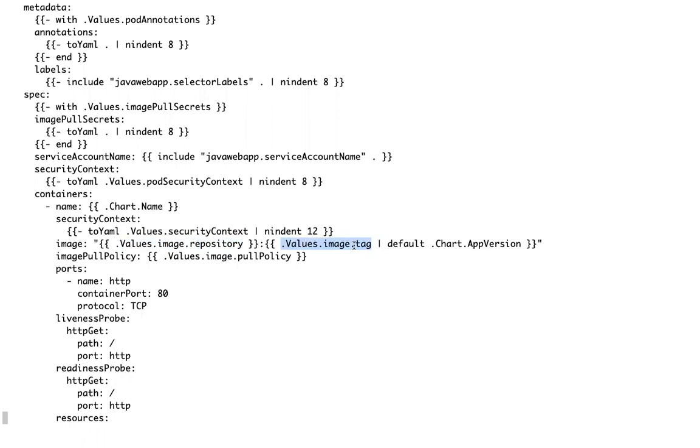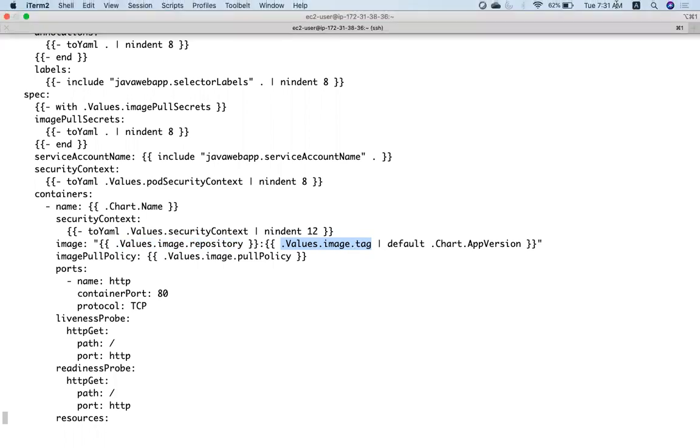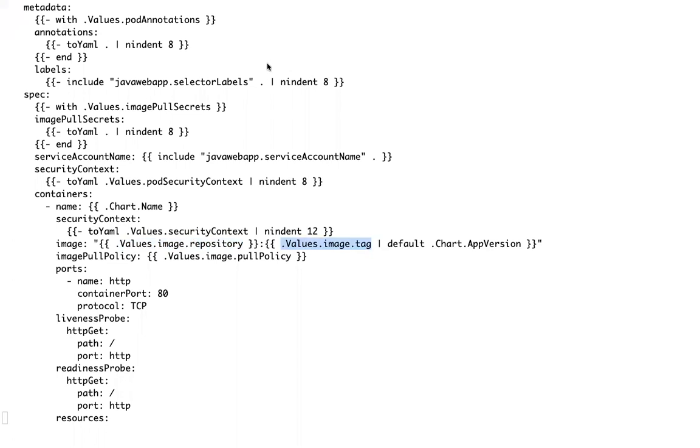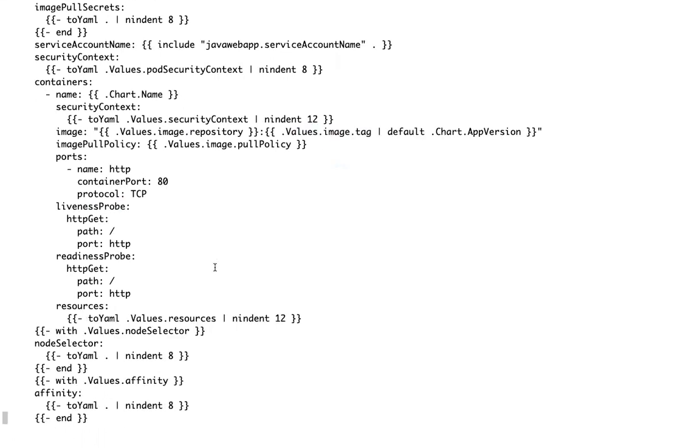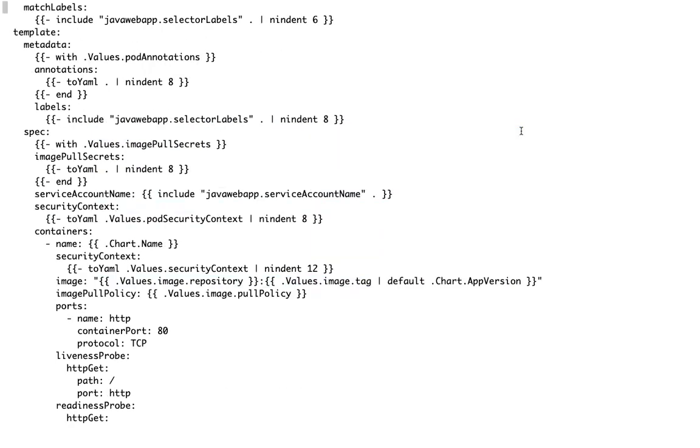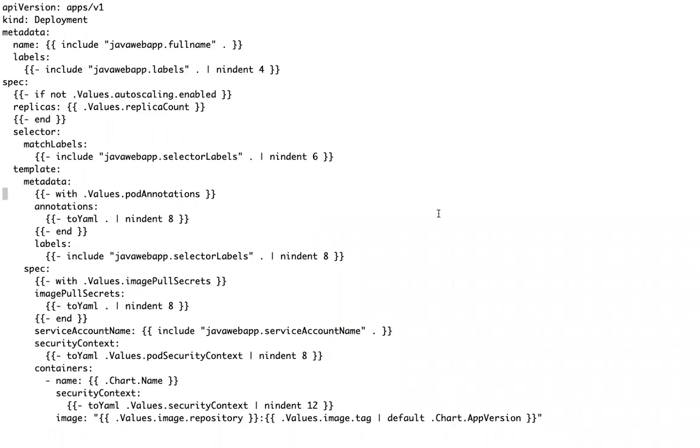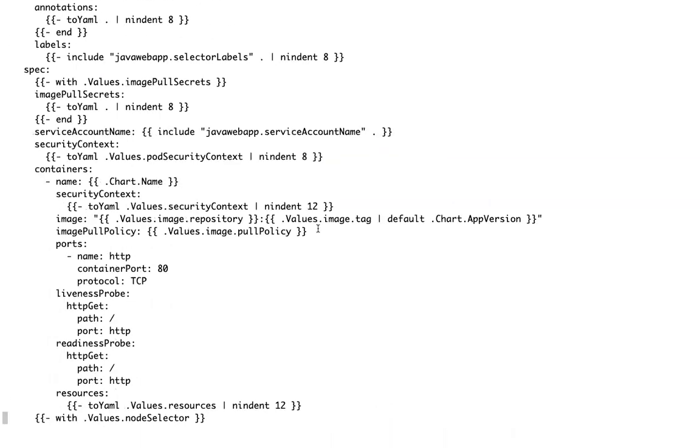From where is it coming? It's coming from the values file. Values.image.repository, values.image.tag, right? These will be rendered at runtime when you are deploying. Now, this is the default one. On top of it, if you want to customize, you can customize.